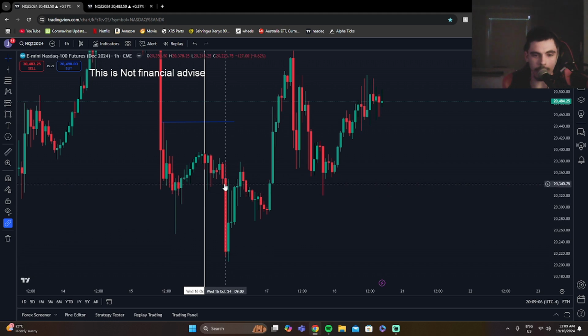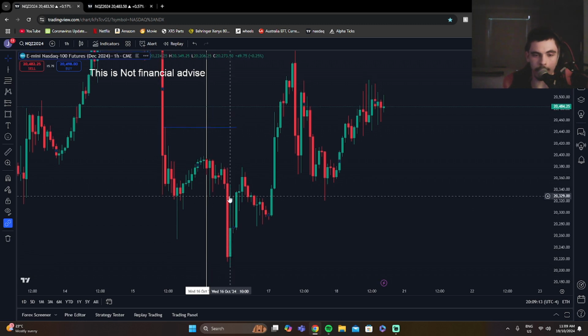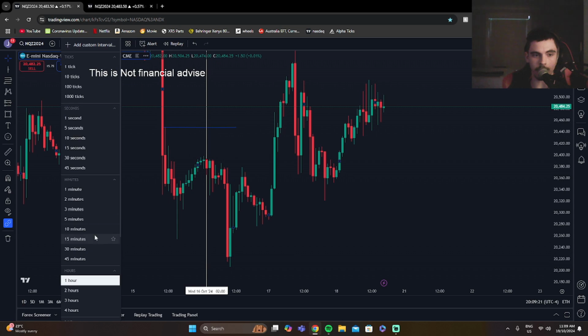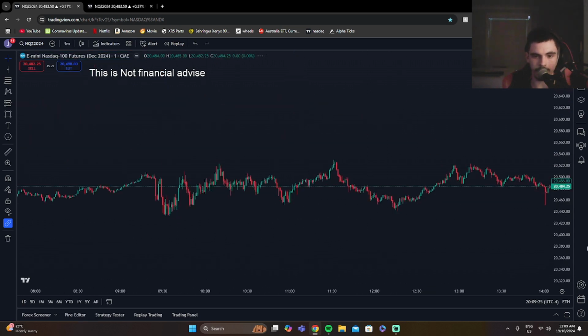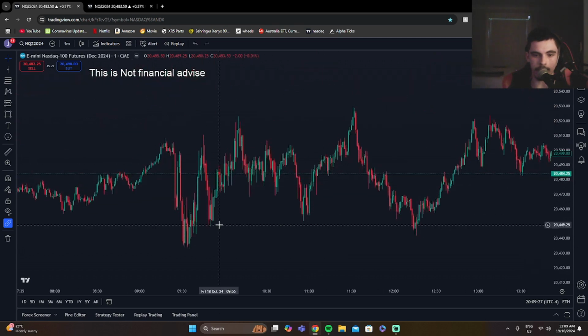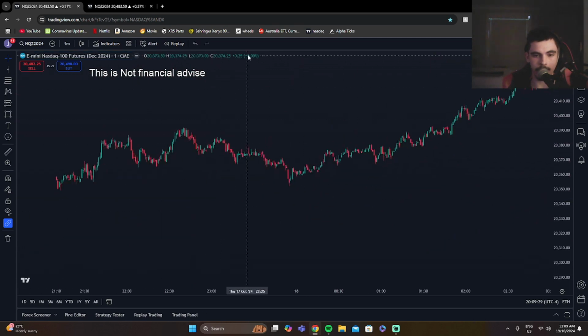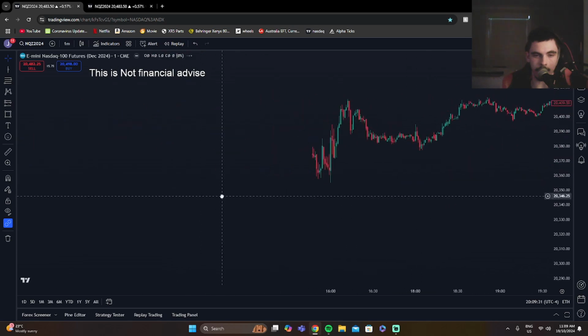I was waiting for this because when this candle opened at 10, there was a potential for a 1 hour gap to be created. So if that got created, I would have gone short from there, but it didn't. It got fully covered. So from that point, I was just looking for the long and just waiting and waiting and waiting for the long. And the setup didn't show up for me until the afternoon session.